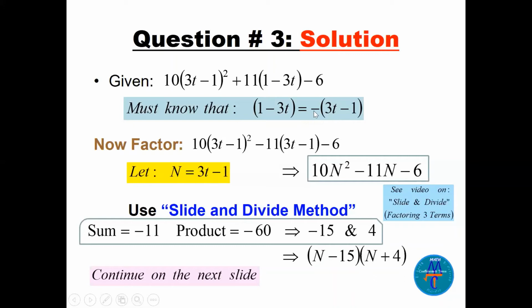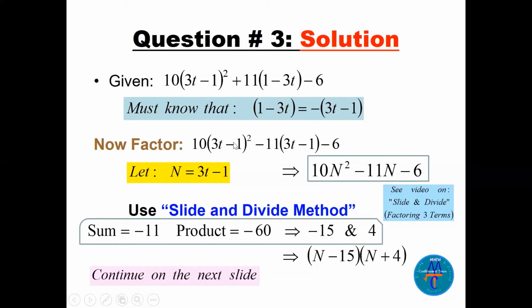Because if you multiply with minus here, that's minus 3t, minus 1 becomes plus 1. So this one is the same as this. So I can remove this and write that one, but I leave the minus with the 11 here. You see the idea? The first term is the same, the last term, minus 6, is the same. I just played with the minus here. I used something in algebra to play with the brackets and negative.